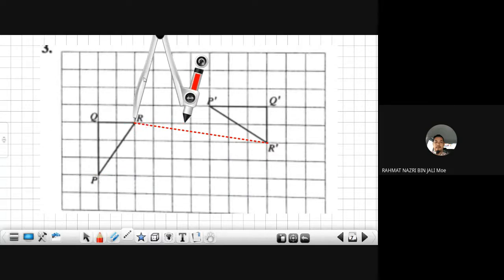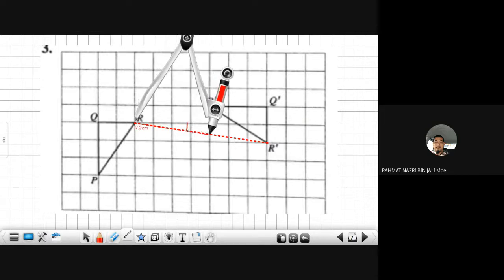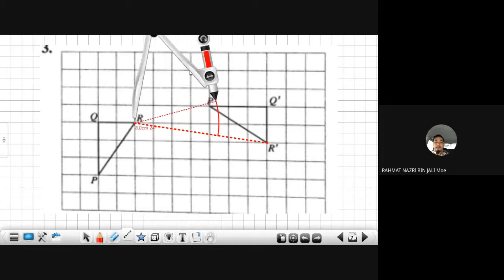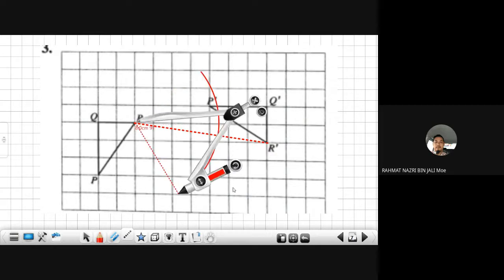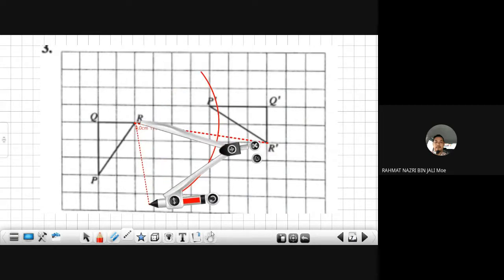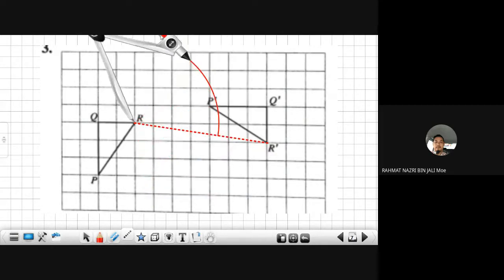Okay, put at R, then open your compass more than half. Okay, here. So I'm gonna rotate this one. Okay, rotate it.